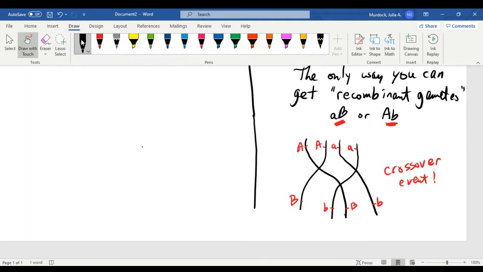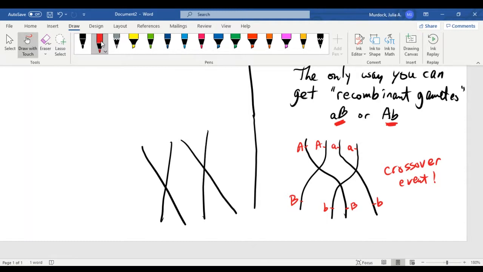I'm going to take you to a Pear Deck in a second. So all right, if you had, instead of that configuration, if you still had linked genes, but here's your A's and here's your B's right there, locations right there. So here's your little a and here's your little b, right? And if that's the case, the crossover frequency is going to be much less because there's not a lot of distance between the genes.